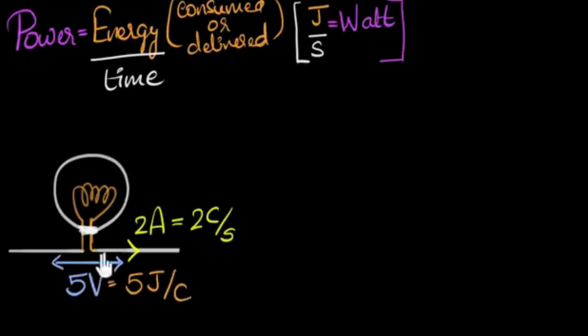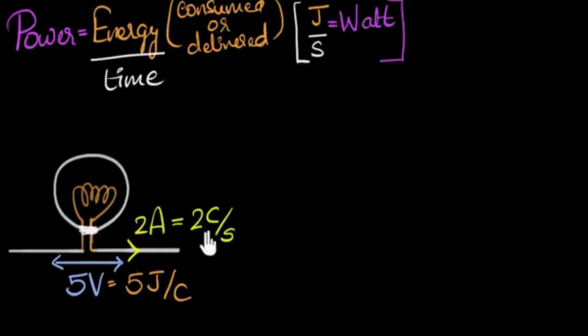This means that when a coulomb moves across the bulb from one point to another, it delivers 5 joules of energy to the bulb. So what we know from these two is that for every coulomb that passes by, the bulb consumes 5 joules of energy. And in 1 second, 2 coulombs are passing through it.